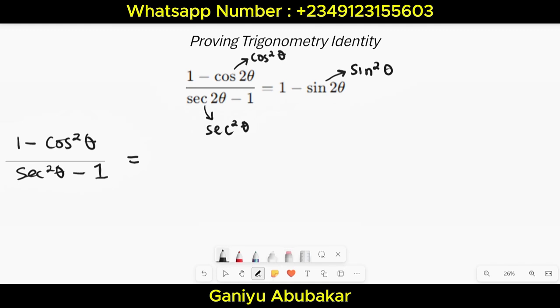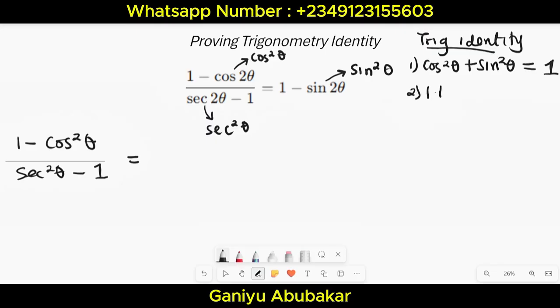There are some things you need to be familiar with, which are referred to as the trig identities. Number 1 is cos squared theta plus sine squared theta equals 1. This is the first one.